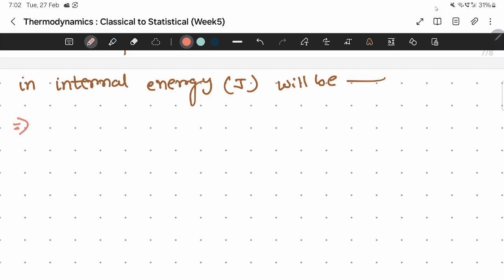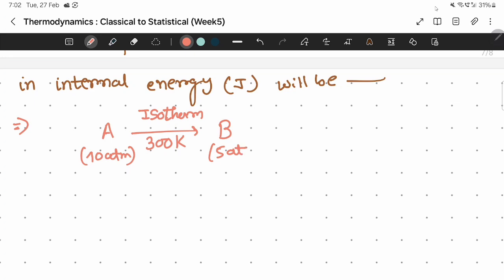So first, 1 mole of ideal gas is taken. It's allowed to expand at 300 Kelvin. The first process, A to B, let's say this is isothermal, because it expands at a constant temperature of 300 Kelvin from 10 atm to 5 atm. So at A it was at 10 atm pressure, and it expands to B at 5 atm pressure.